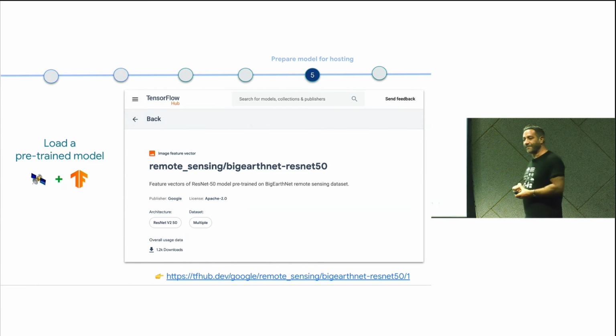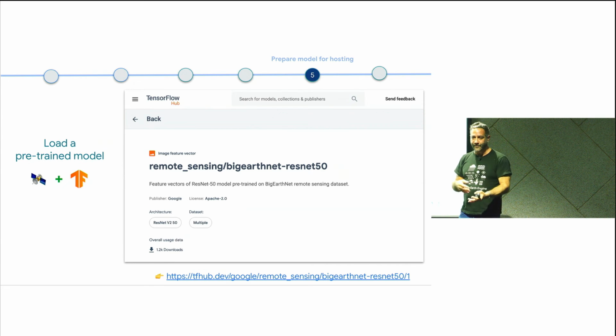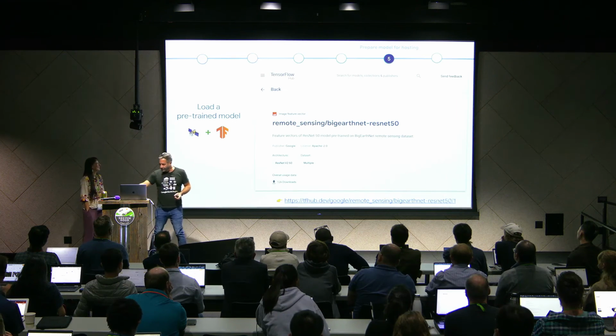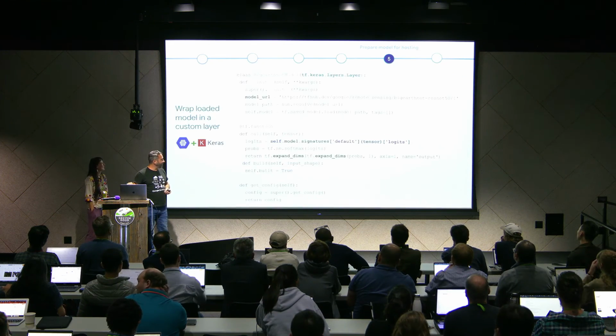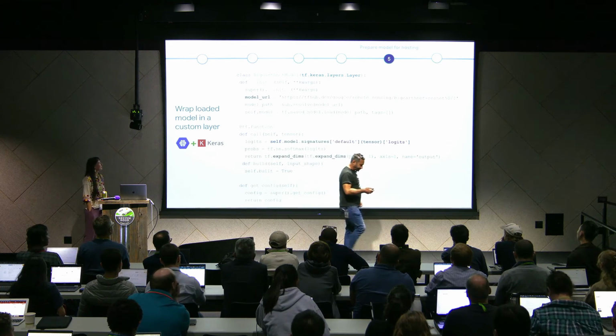So what this ResNet 50 does is it takes 120 by 120 patches from Sentinel-2 as input, and it spits out the list of labels of stuff that you think you're going to find in there. Airports, beaches, rivers, water bodies, all this kind of stuff. So that's what this model is, just a pre-trained image classification model.